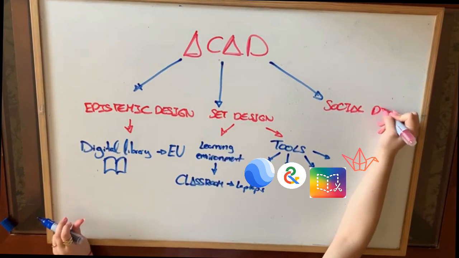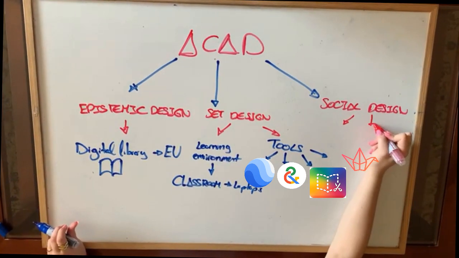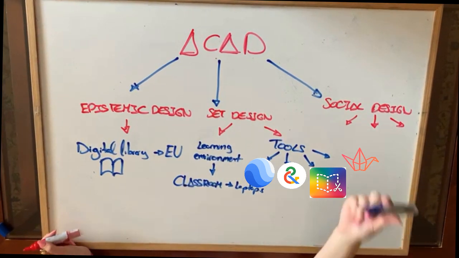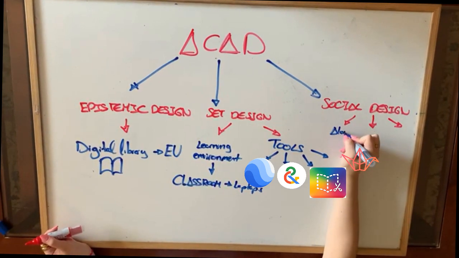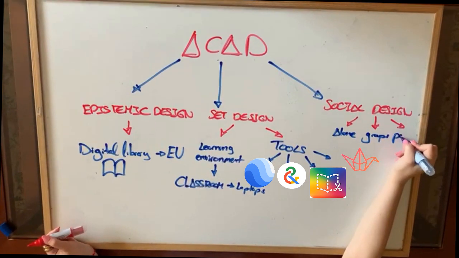And finally, we have social design, which looks at interaction between students and how they're going to work: alone, groups, didactics. In this case, students can group themselves in groups that range from 3 to 5.